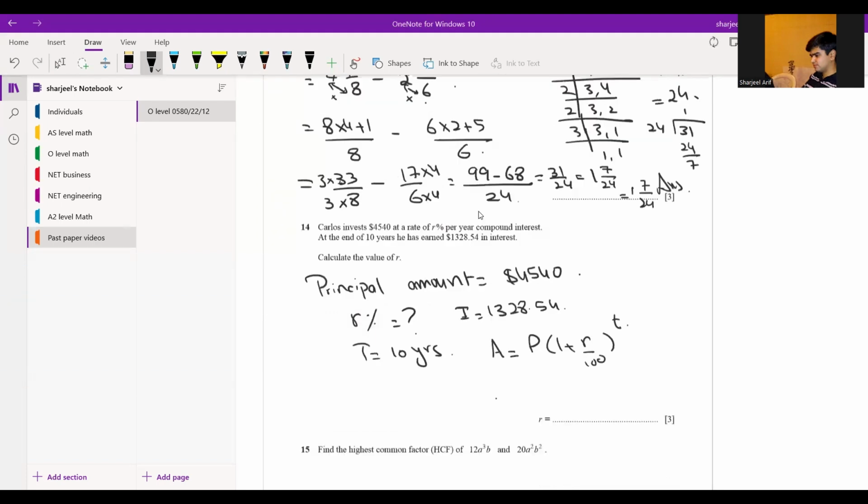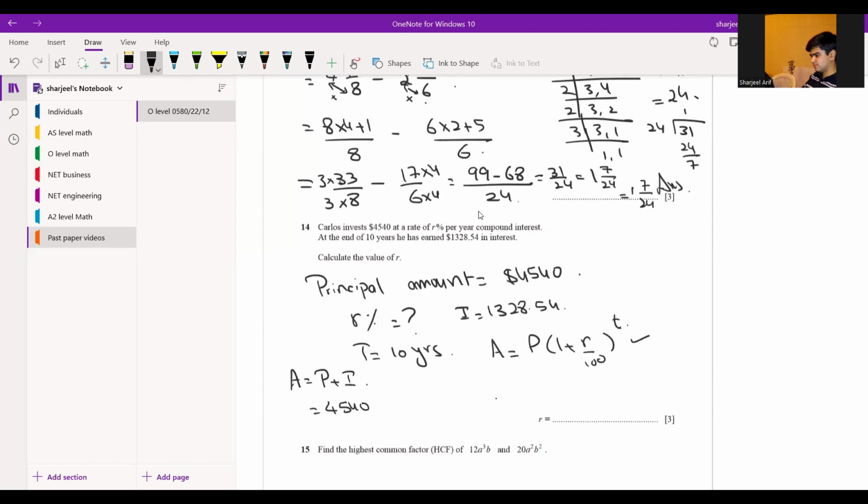Okay. So question number 40, we have principal amount is 4540. The amount of interest is 1328.54. Time period of investment was 10 years. The formula for compound interest is A equals P into 1 plus R divided by 100, power T. So first we have to find the total amount. Total amount is equal to principal plus interest.